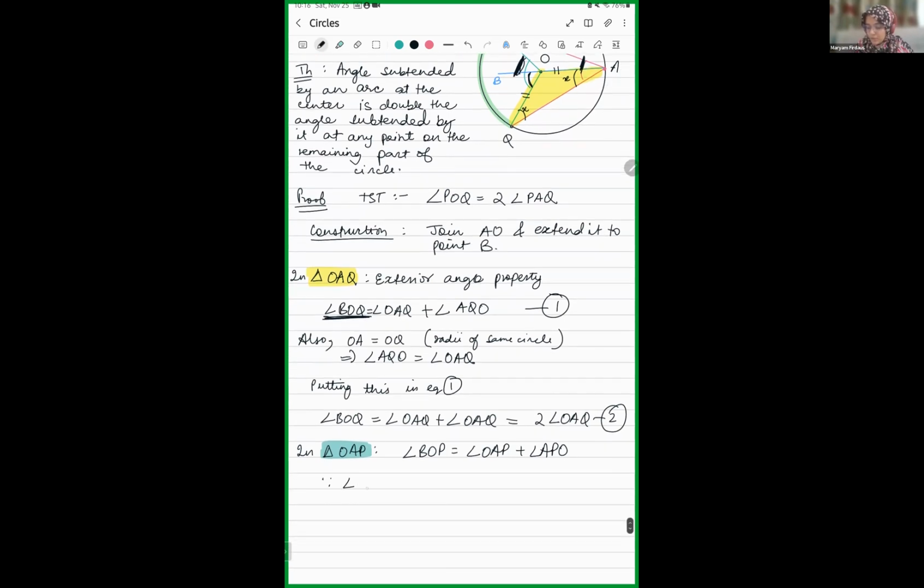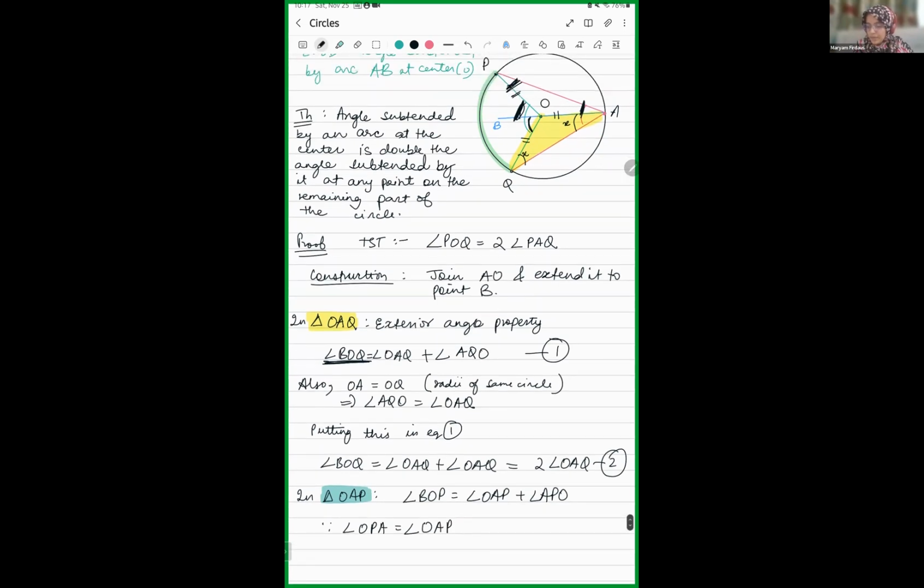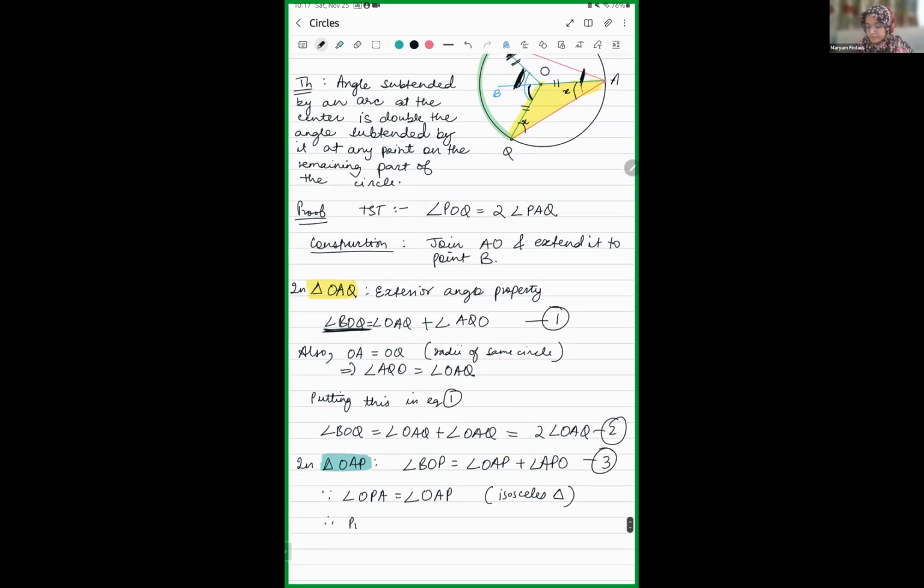Since angle OPA is equal to angle OAP, it is an isosceles triangle. Therefore, putting in equation 3, what do we get?